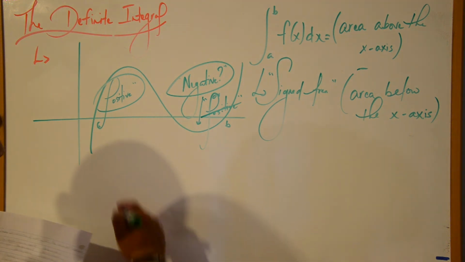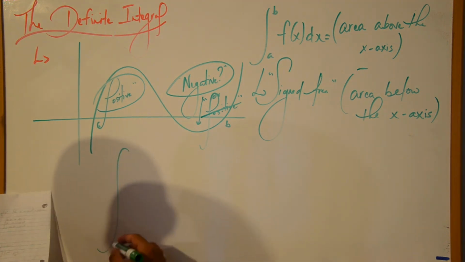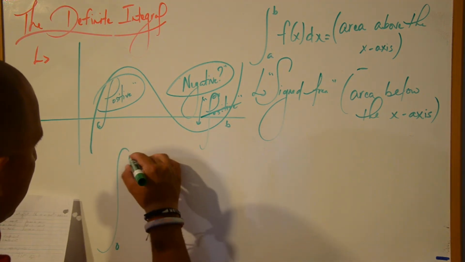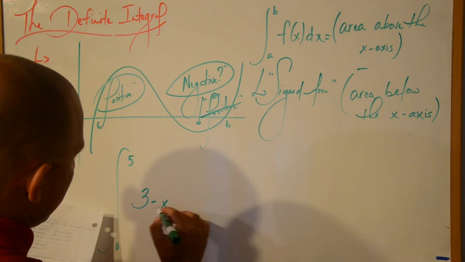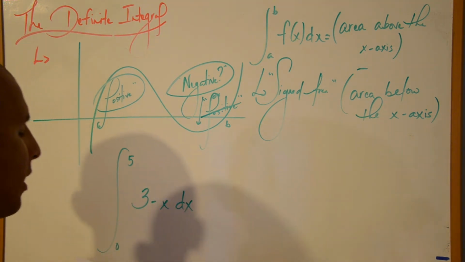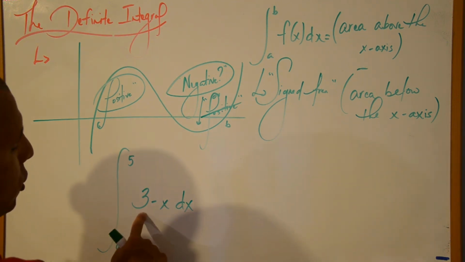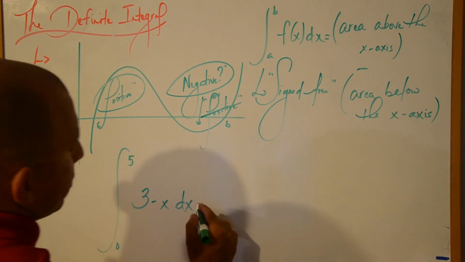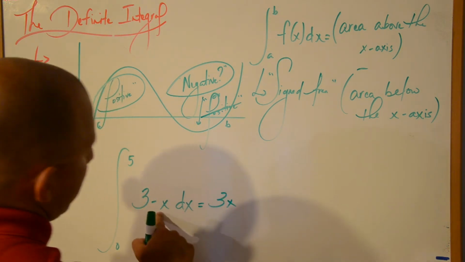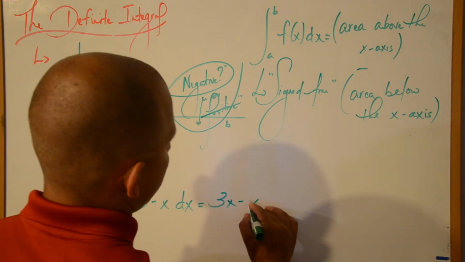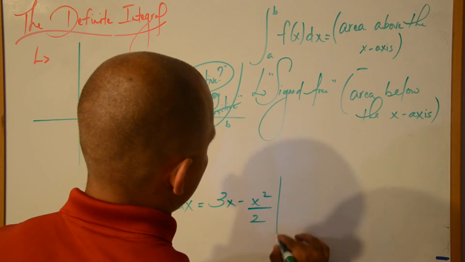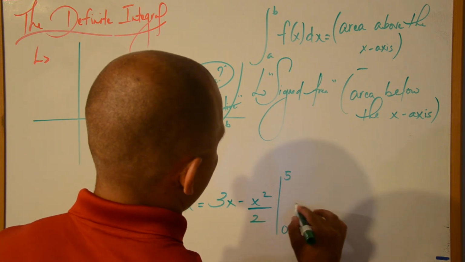Now, let's take a look at this. Let's say we have this area here from 0 to 5 of 3 minus x. Before we look at this graphically, let's just take care of this on our own. The antiderivative of 3 will be 3x. The antiderivative of x will be x squared over 2, from 0 to 5.